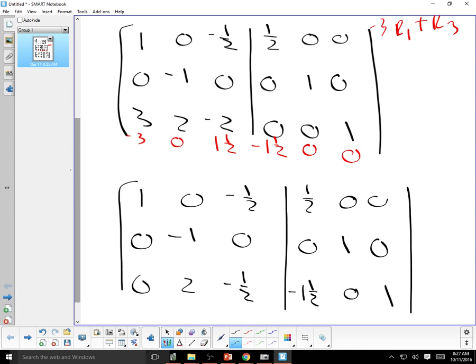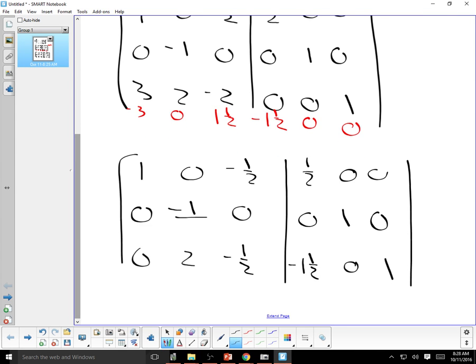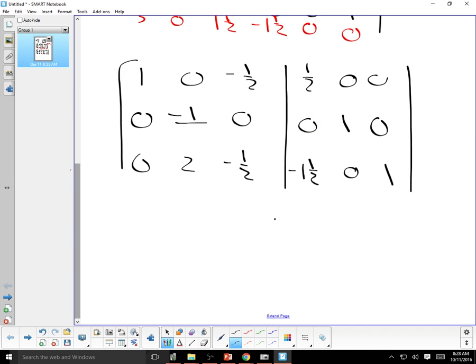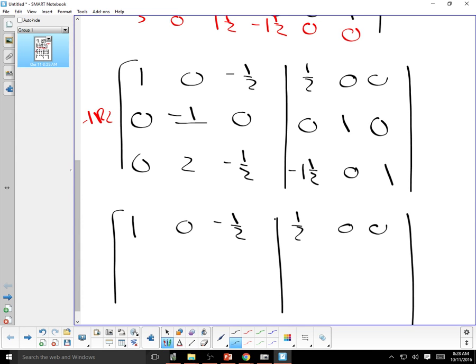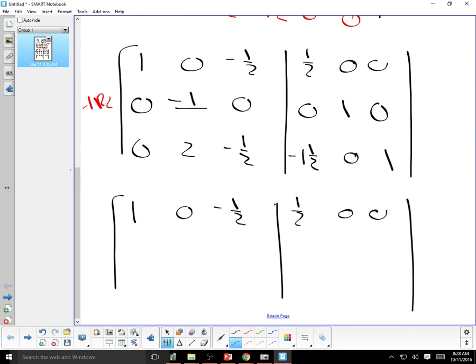All right, cool. Next thing I need is this negative 1 here to be a positive 1, correct? So all I really need to do is change all the signs, don't I? Because what I can do is multiply row 2 by a negative 1. So let's do that. That's 1, 0, negative 1/2, 1/2, 0, 0.